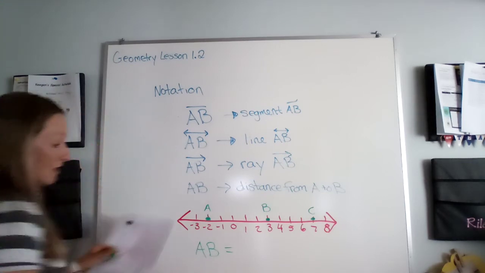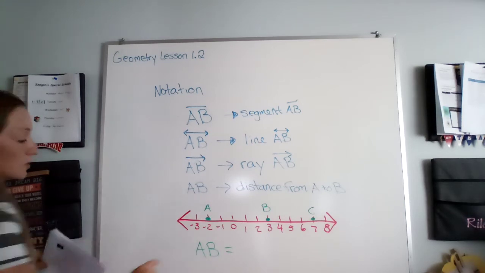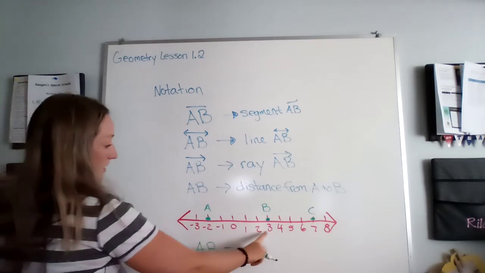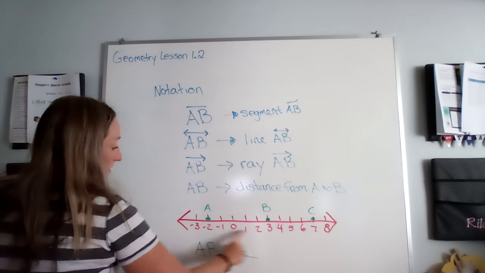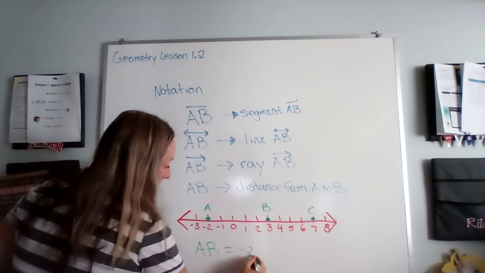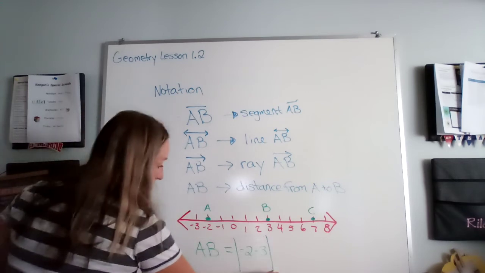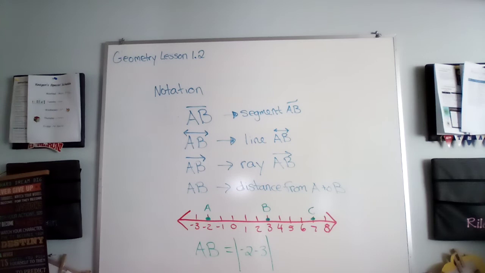So what you do, the definition of distance, if you go back to your vocabulary, it says the absolute value of the difference, meaning subtraction, of the 2 coordinates. So if you take the coordinate of A and you take the coordinate of B and you find the difference, meaning subtraction, okay, so -2 minus 3, and then the absolute value of that, because distance always has to be positive, okay?